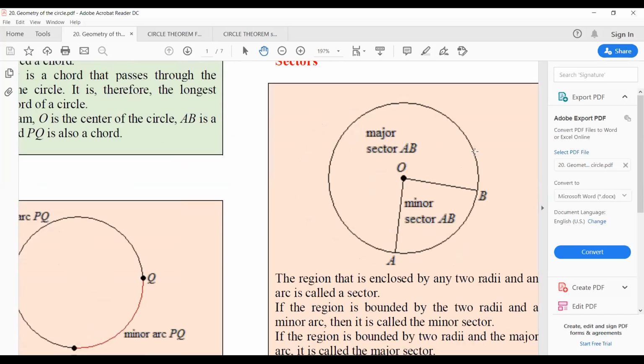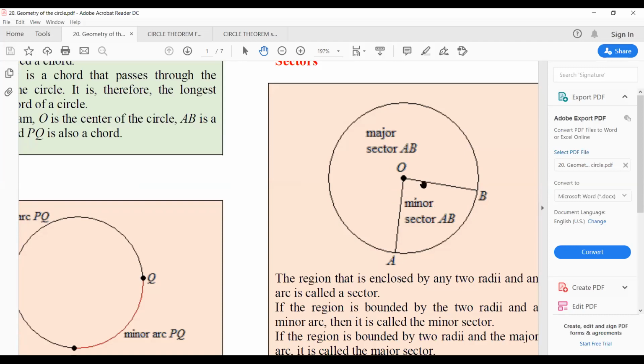Right, so now we are going to be looking at a sector. I remember I told you a sector is more or less like a pizza slice, right? So here is the center of the circle, which is O, and we have two radii. OA is a radius and OB is a radius. Of course, radius is the singular and radii is the plural.